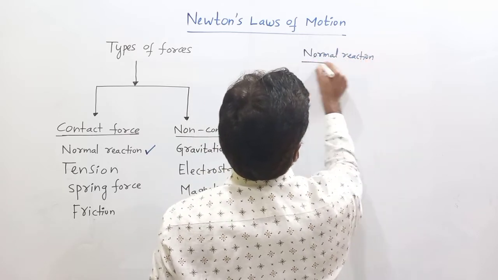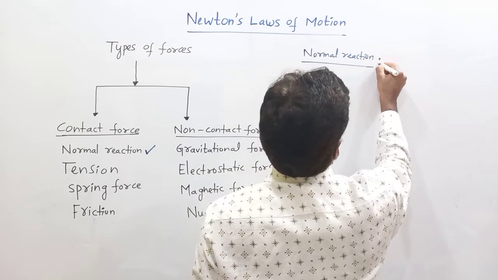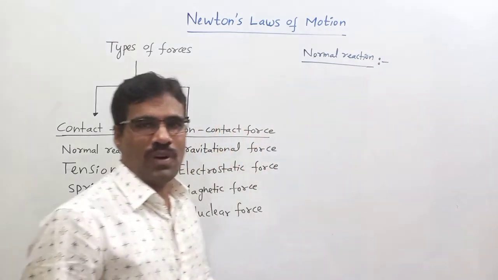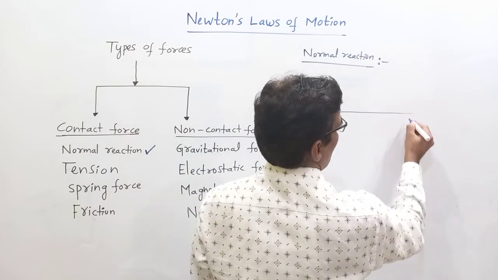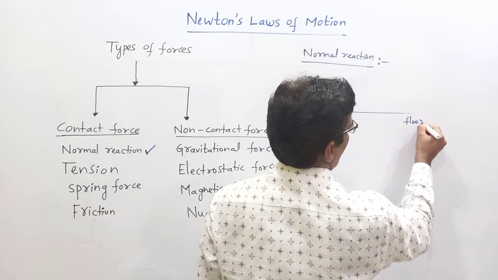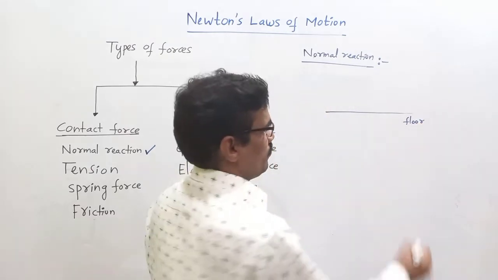What is its direction? Normal reaction is a vector quantity. Let us consider this is the floor or ground, the floor surface.